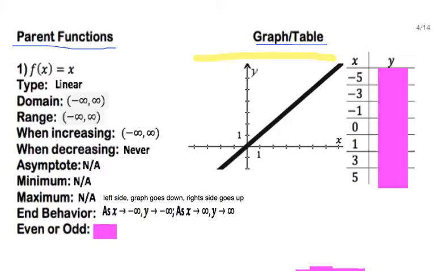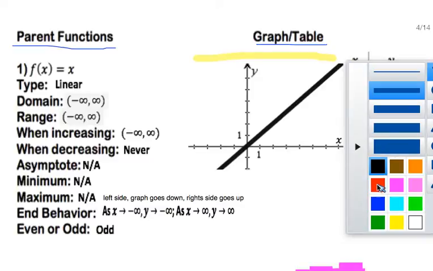All right, and then even and odd. Even and odd is about symmetry. So once we get to a graph that has even symmetry, I'll show you what it looks like. For right now, let's just talk about the odd symmetry. Odd symmetry just means that it rotates around the origin.